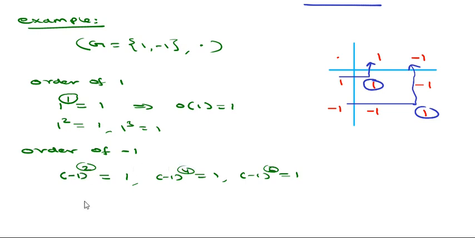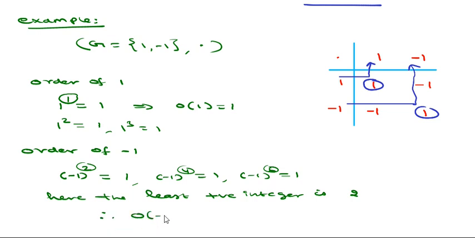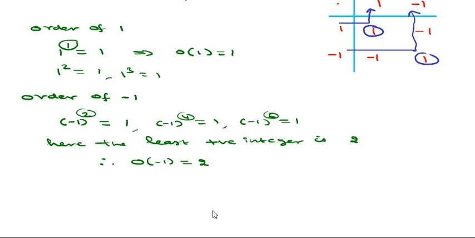The least one is 2. Therefore the least positive integer is 2, so order of minus 1 is 2.